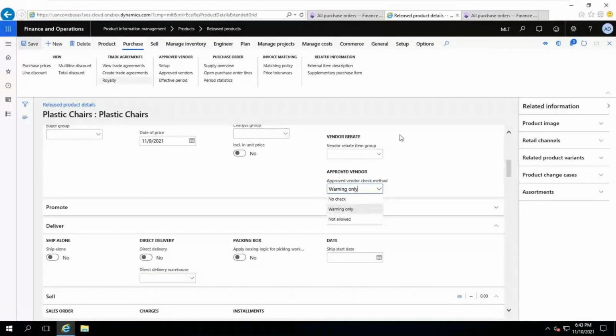Take the example of a Xerox machine I am purchasing. If I purchase it from some other vendors outside, there may be a chance I get duplicate items. Now I want to purchase this material from authorized vendors only. Then I can map not allowed, and then add the approved list. So you can see the list of approved vendors here.